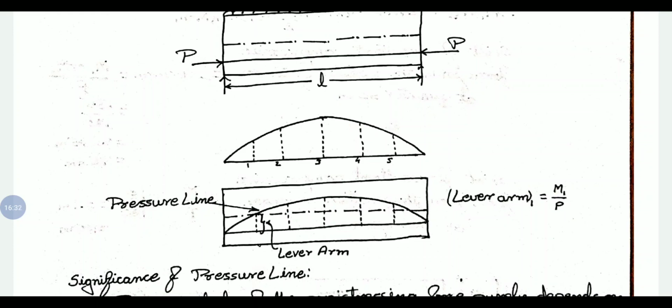The lever arm at any point is the ratio of bending moment due to dead load and live load at that section to the prestressing force. M1 is the bending moment at section 1, and it is divided by the prestressing force.